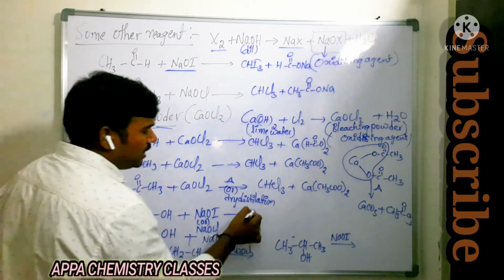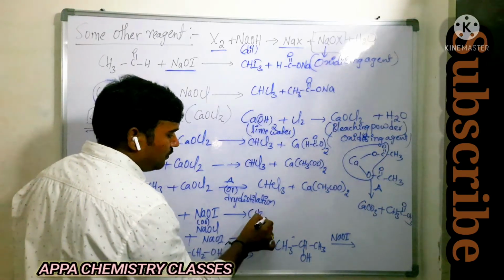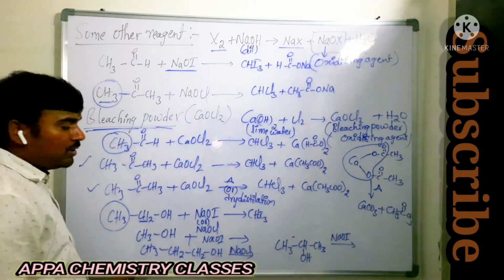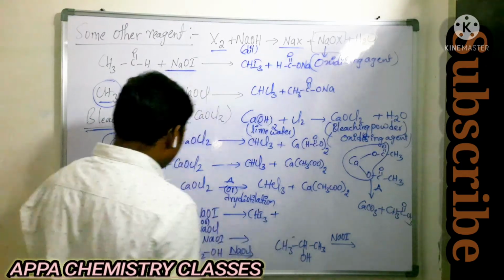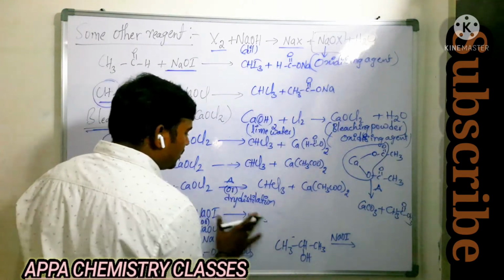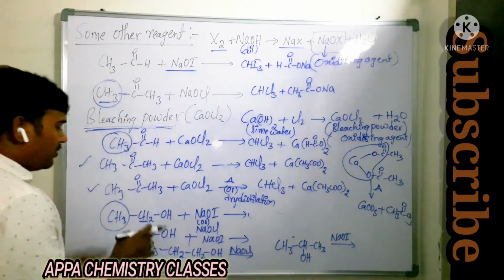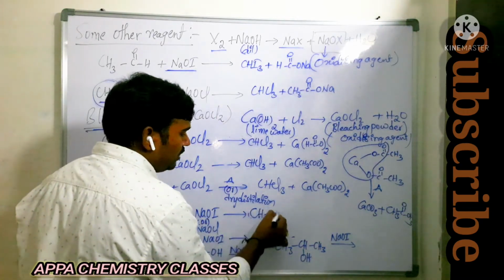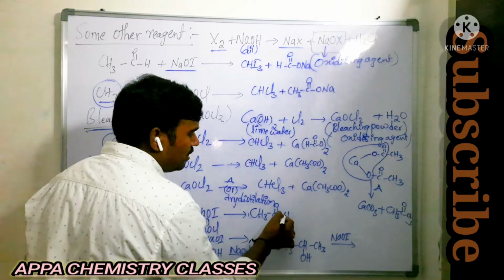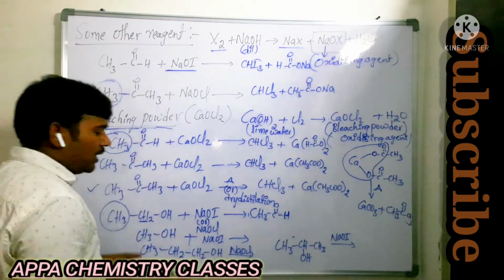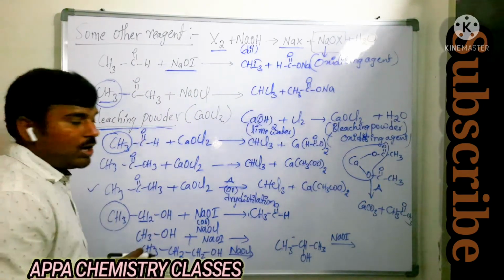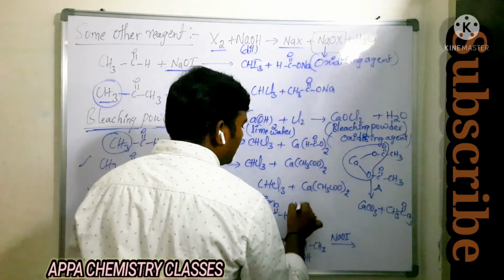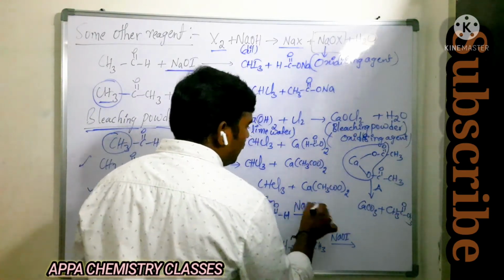The CH3 changes to iodoform. Sodium hypoiodide is an oxidizing agent which oxidizes primary alcohol to aldehyde.